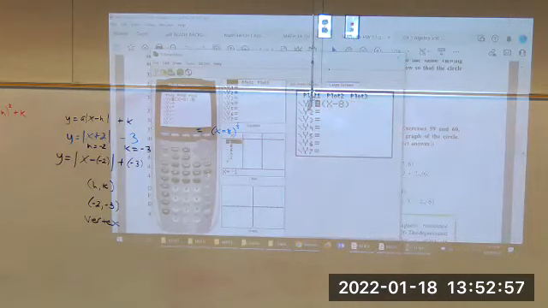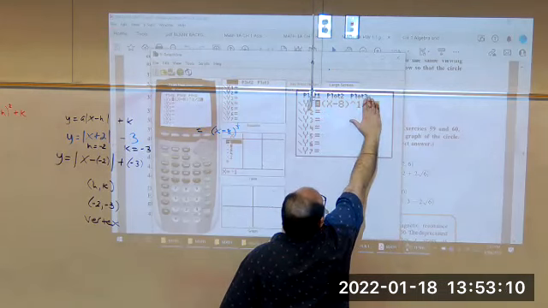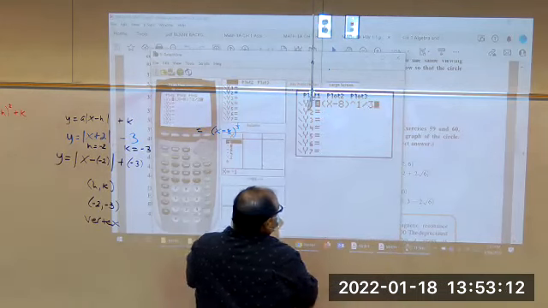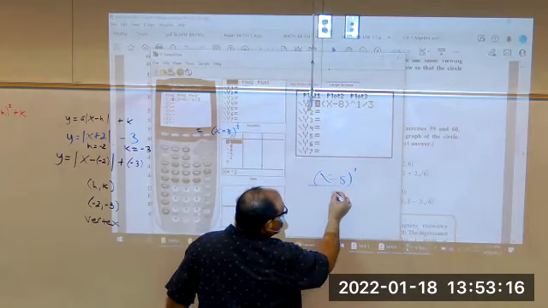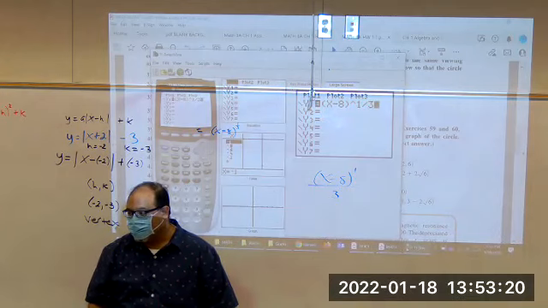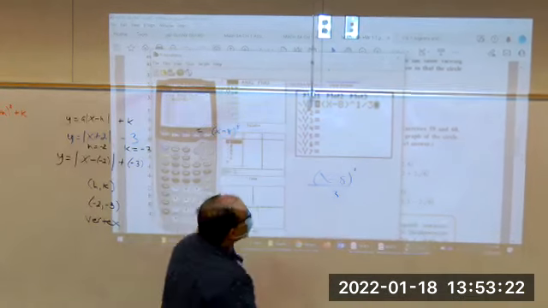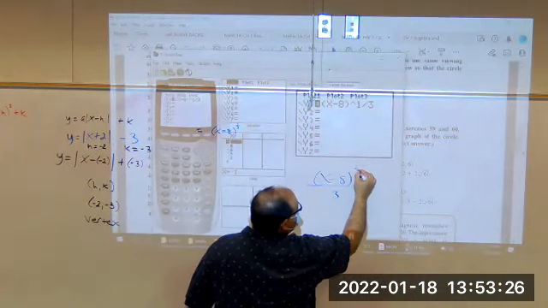To the, now, if I don't put parentheses, if I just go to the 1/3, 1 divided by 3, what it's doing is it's raising all of that to the first. And then it's dividing the whole thing by 3. Okay? That's why parentheses are important. You got to put this in parentheses, so it will make sure it's raising it to the 1/3.